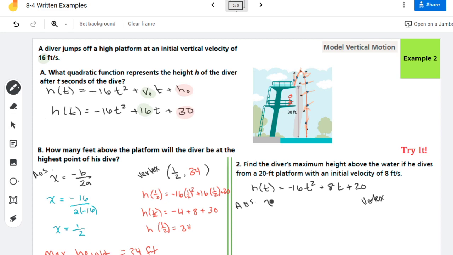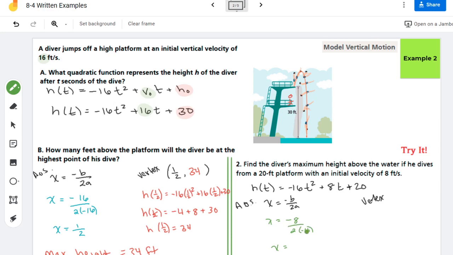For my axis of symmetry, I'm using x equals negative b over 2a. Remember, this is really t, but I hate changing my letters in my formula. So negative b, so negative 8 over 2 times a, which is negative 16.